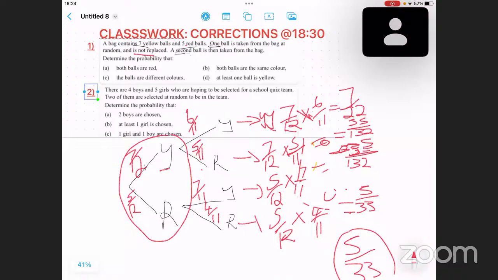The reason you are not encouraged to simplify the final answer is that when you add everything together, it must equate to 1. So if you already simplified them, it's going to be a long route when you try to add them together, okay?